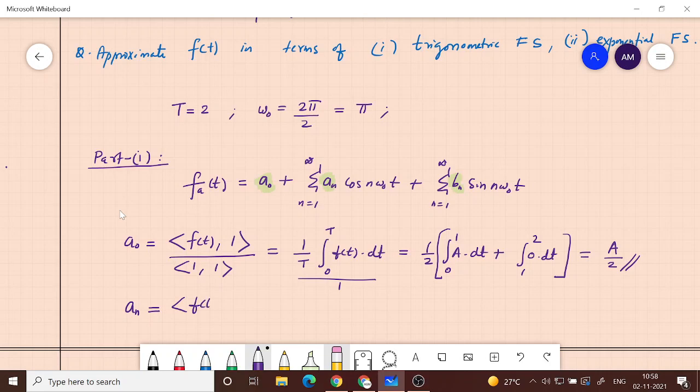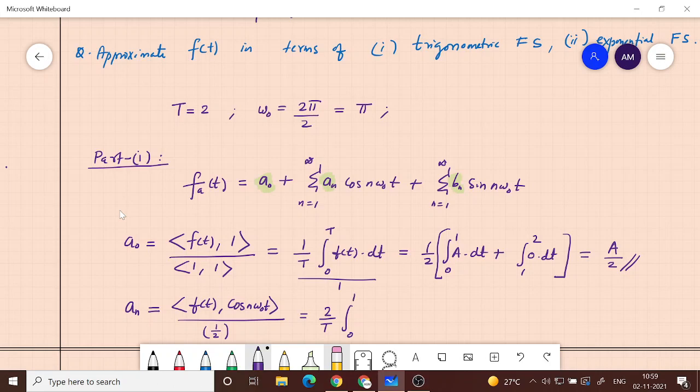So that is the inner product of f of t and cos n omega 0 t, divided by, you remember it was half, right? The power of the cosine function was half. So you can write it as 2 by T integral 0 to 2 is the actual limit, but we know that the function is 0 beyond 1.